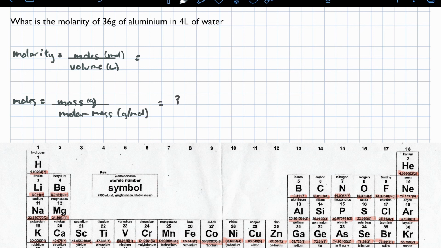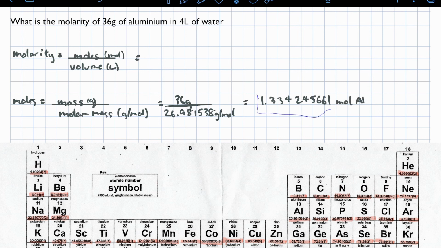So we have 36 grams of aluminium divided by the molar mass, and this is a long one, by the way, 26.981538 grams per mole. If we punch that all into the calculator, we are given roughly 1.334245661 moles of aluminium.